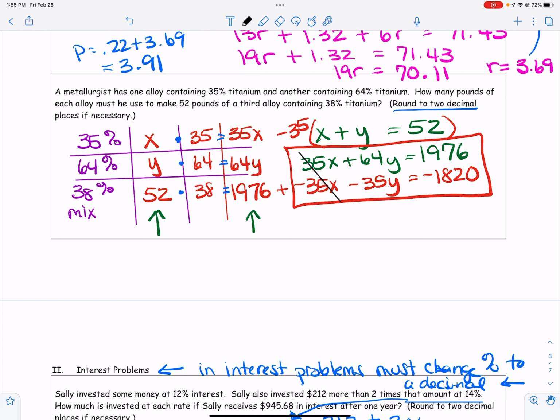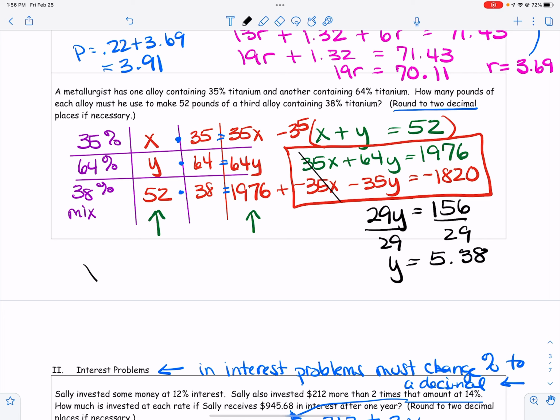Then I get 64 minus 35, which is 29y. 1976 minus 1820 is 156. Divide by 29, and you will get y equals 5.38 because it comes out to be 5.379. That 9 will round up to an 8.